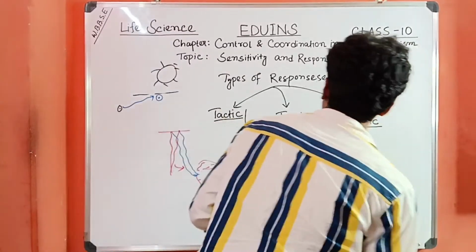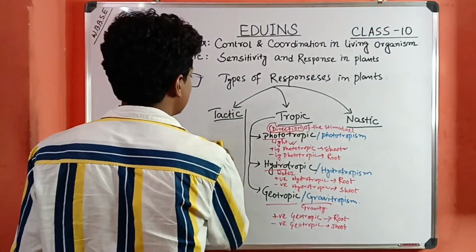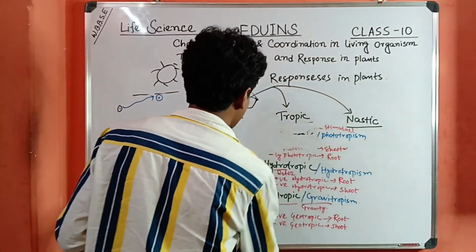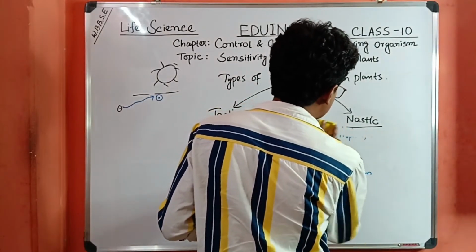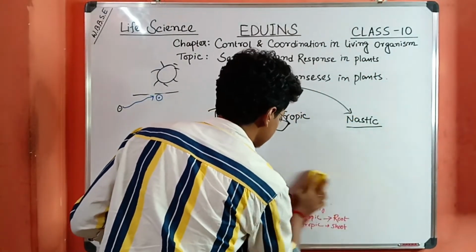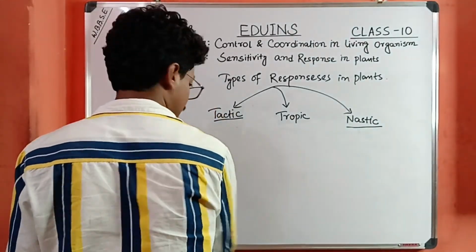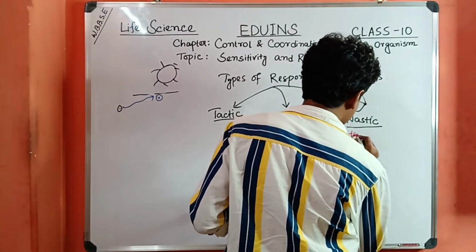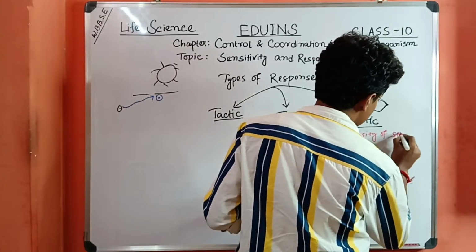Okay, the next one is the nastic movement, where the movement depends on the intensity of the stimulus. What? The intensity of stimulus.